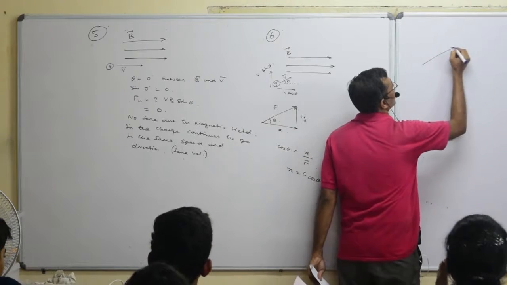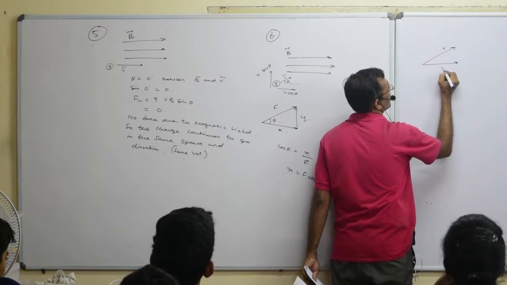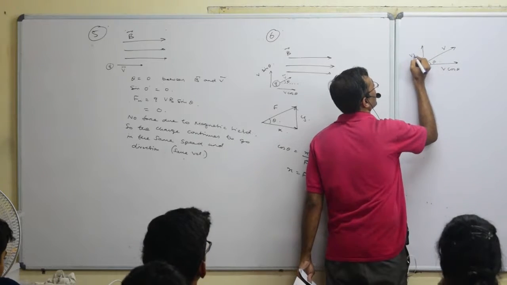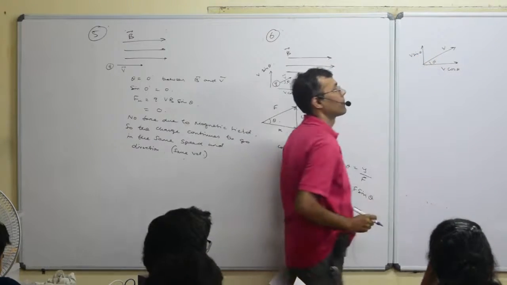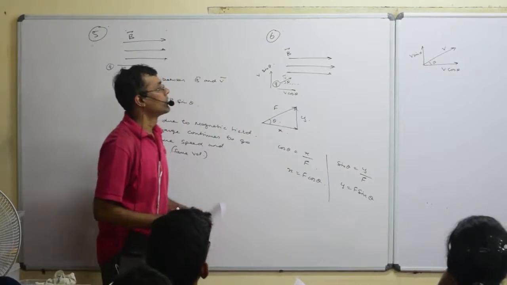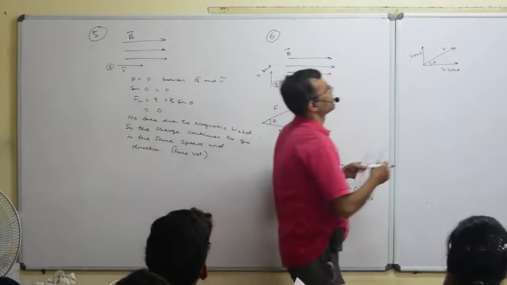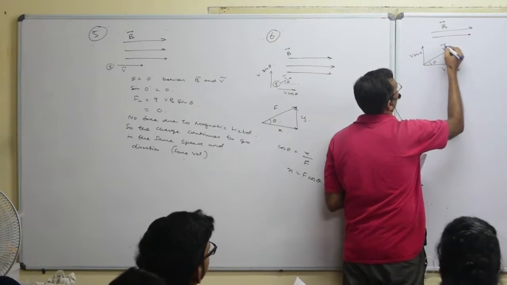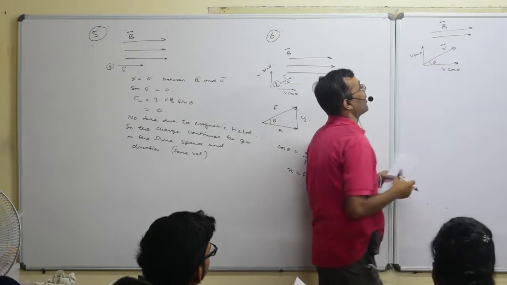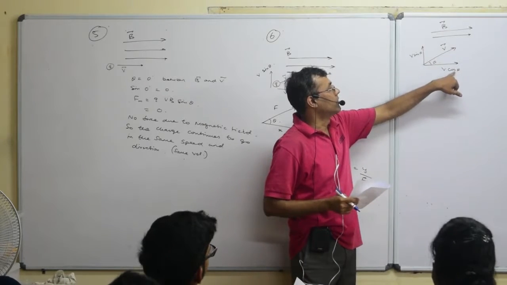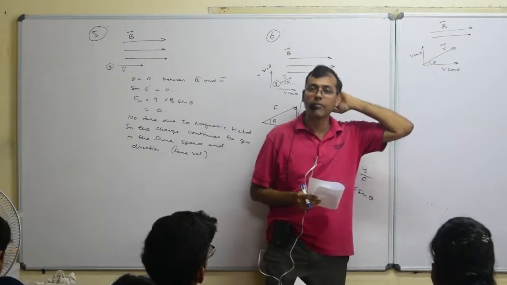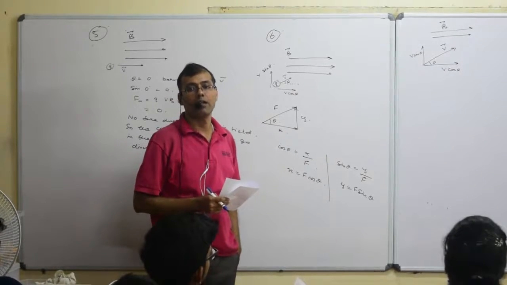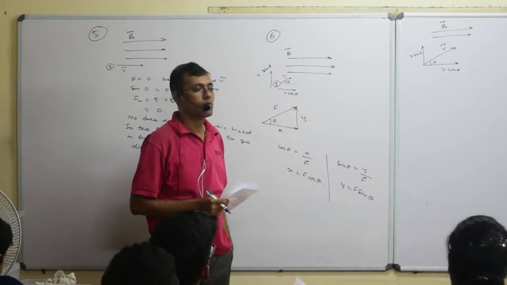So this is V cos theta, this is V sin theta, right? Now my question to you is, this magnetic field is this way, and what can you say about the angle between this magnetic field and this V cos theta? Same, which means the angle between them is 0, right?